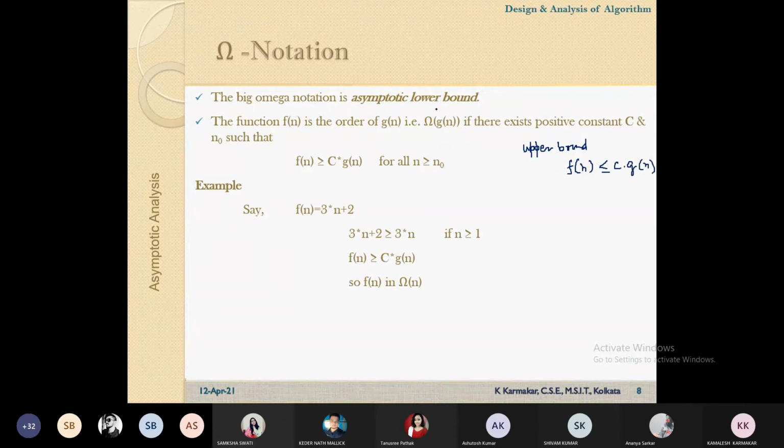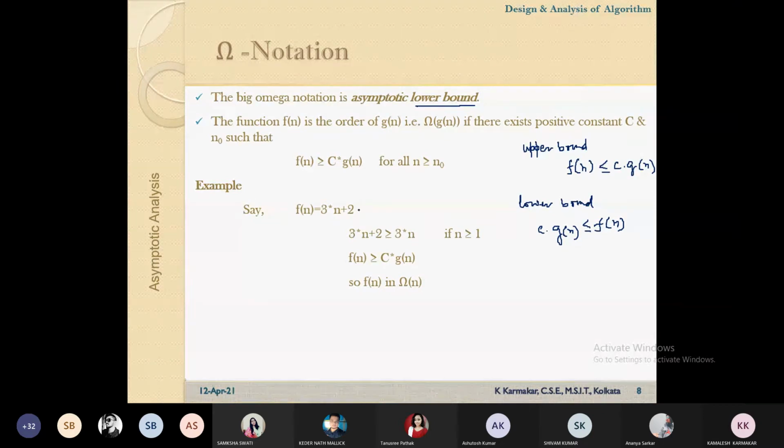In the case of the asymptotic lower bound, here we are considering that f(n) is greater than or equal to c into g(n). In a similar way, we will try to find a function g(n) so that we can represent the complexity of this function as big omega of g(n).